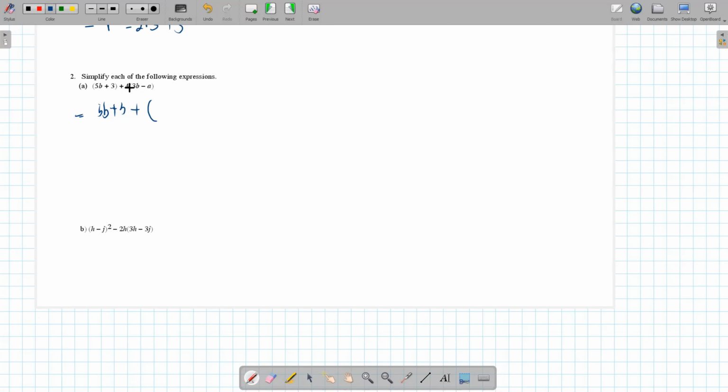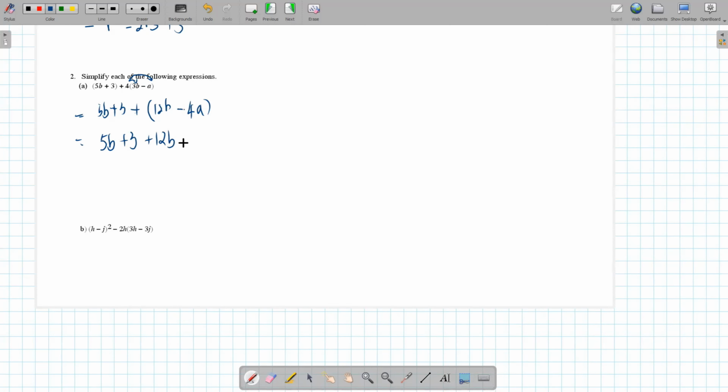So 4 times 3b, we get 12b. We repeat the same thing. 4 times negative a, we get negative 4a. Class, now we need to open out the bracket for this part before we can simplify. Positive, positive, we get positive.